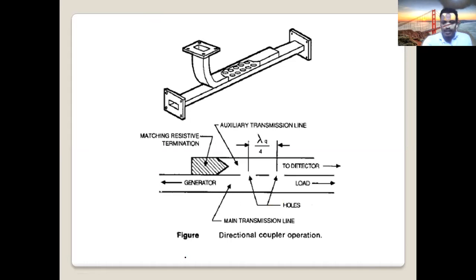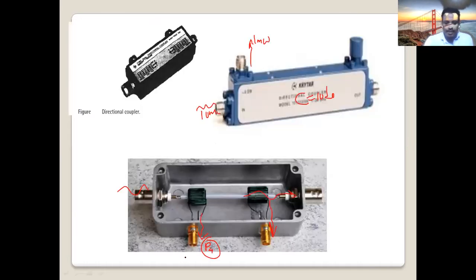When you see a directional coupler, here we apply 10 milliwatt, which is P1, transmitted through this wire. Now, when it reaches here, it's divided into 2. This will be our P2, direct signal transmission. This is P3, coupled transmission.